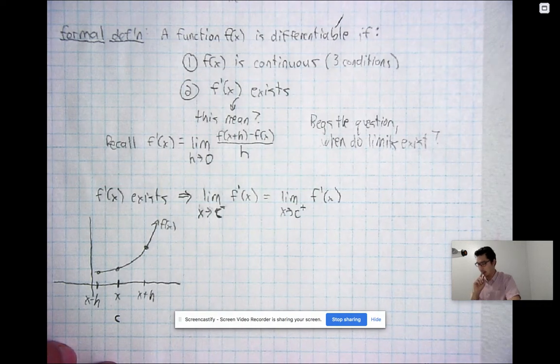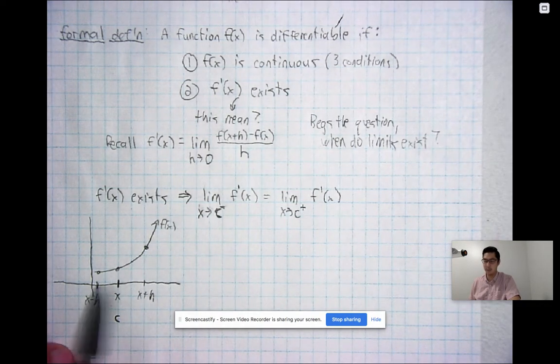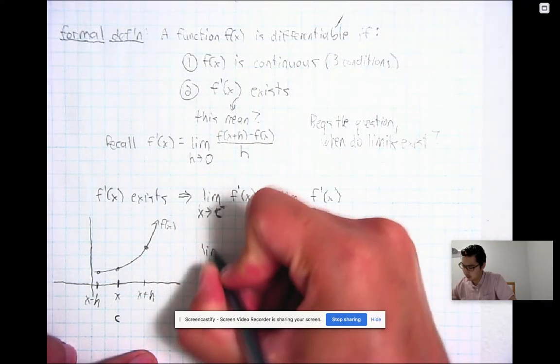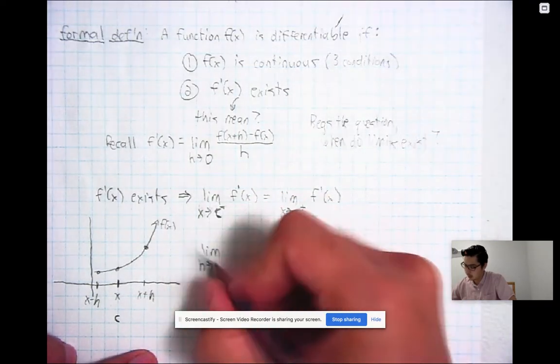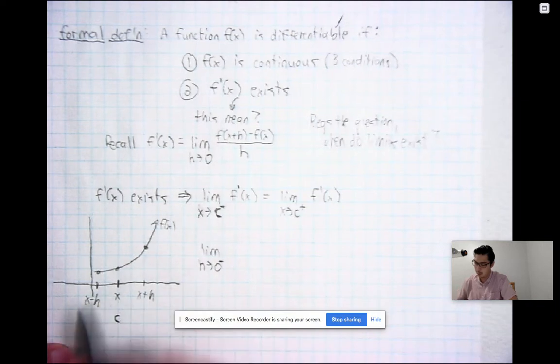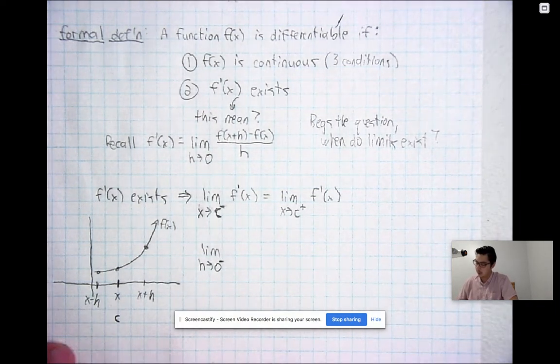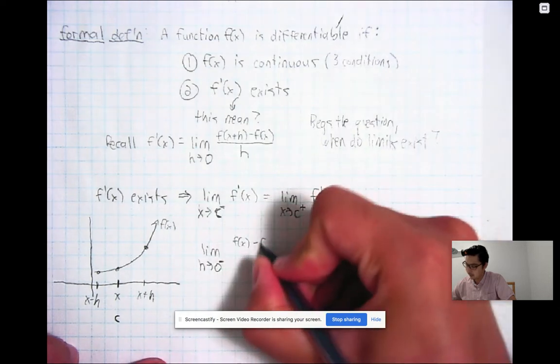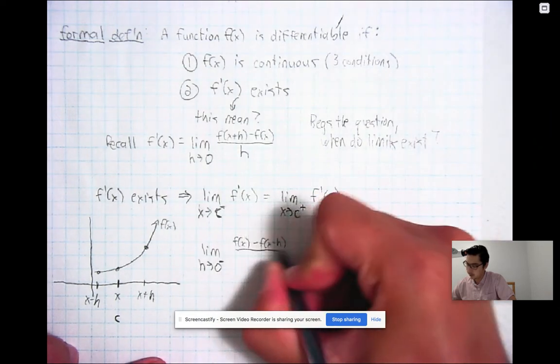Now, if we use the definition that we're used to with the h's, here's how it might look. The limit as h approaches 0 from the left, so we're approaching x from the left, would be f of x minus f of x minus h, over h.